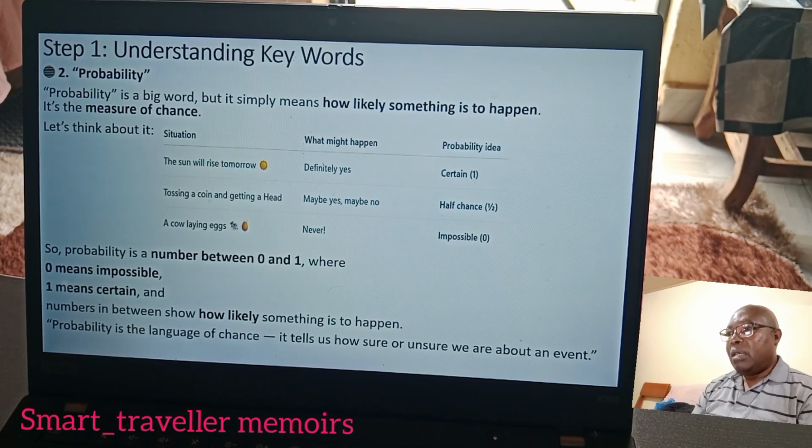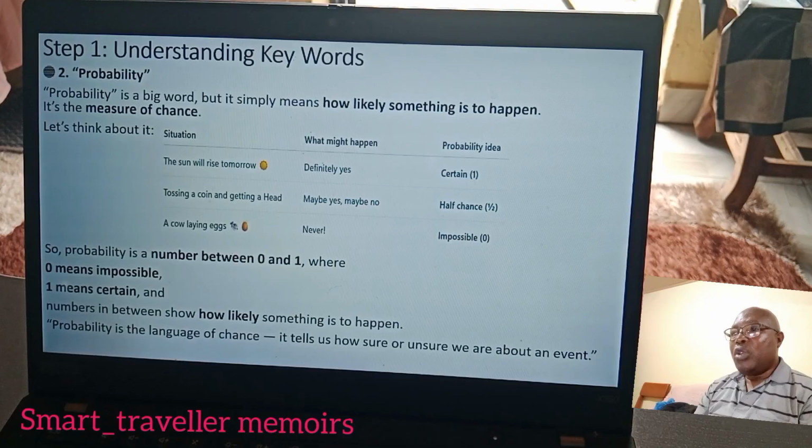Maybe yes, maybe no. Probability idea, half chance, because there are 2 chances. It is either head or tail. A cow laying eggs. What might happen? Never. It cannot happen. So, probability idea, impossible, 0.